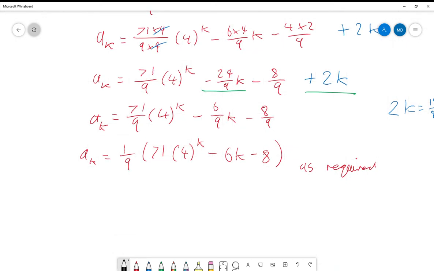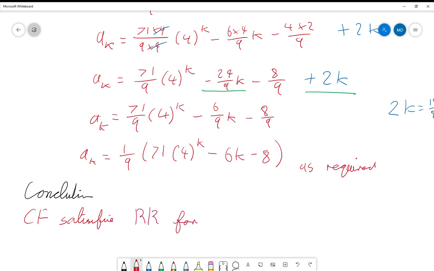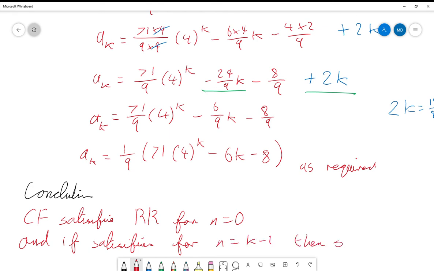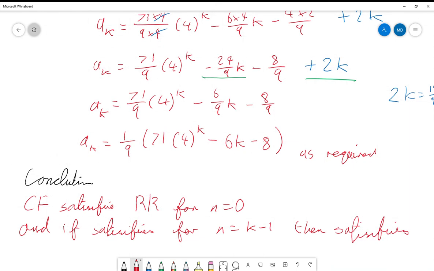And then we just go to our conclusion. Closed form satisfies recurrence relation for n equals 0, and if it satisfies it for n equals k minus 1, then it satisfies it for n equals k.